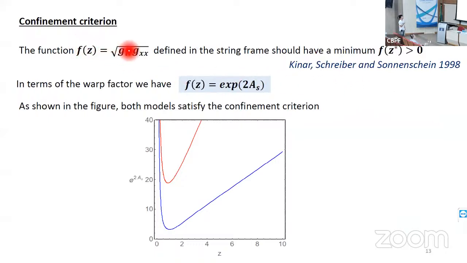Basically, you take this function, and they found a kind of theorem for this class of backgrounds, that this function needs to have a minimum at some point that has to be different from zero, greater than 0. And in fact, for these solutions that I've presented, you always find that this function possesses a minimum that is different from 0. That minimum is associated with the string tension of the Cornell potential. So you can actually prove that these models lead to a Cornell potential, a quark-antiquark potential that is linear.